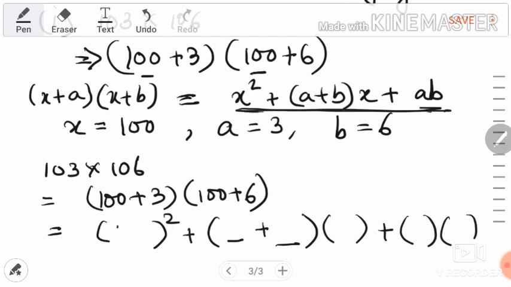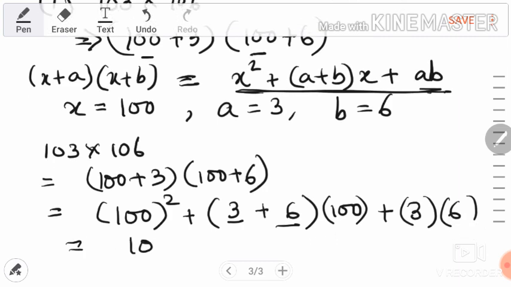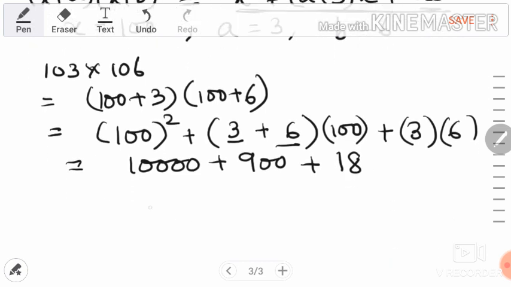So replacing x as 100 in the identity, a as 3, b as 6, we get 10918.